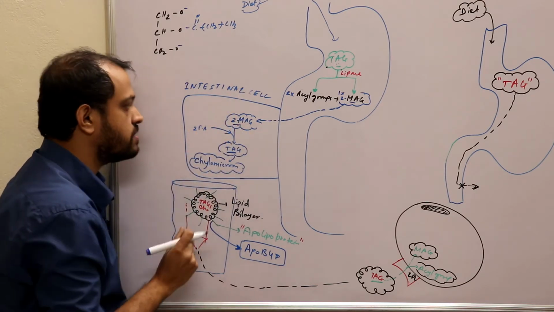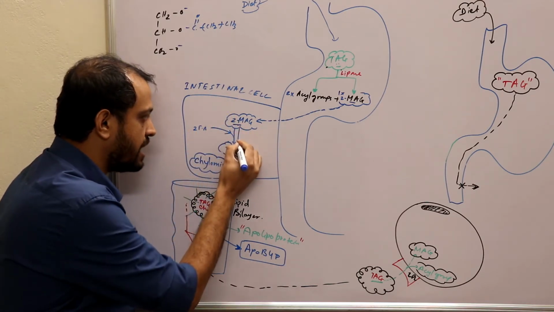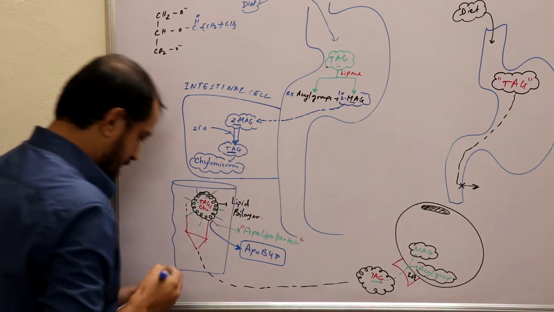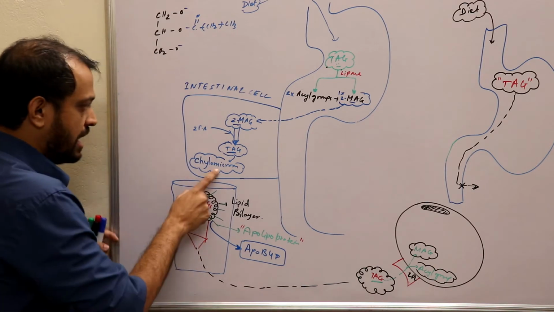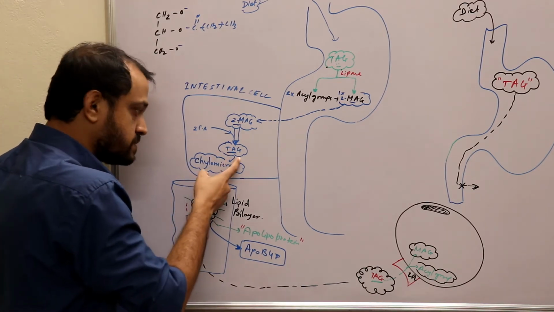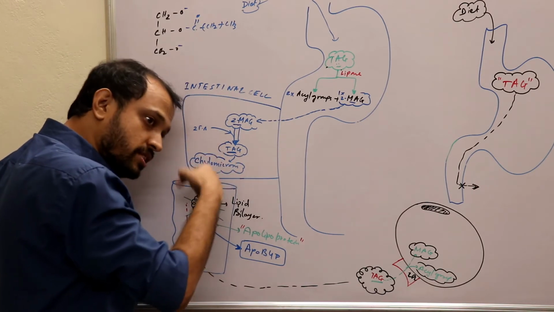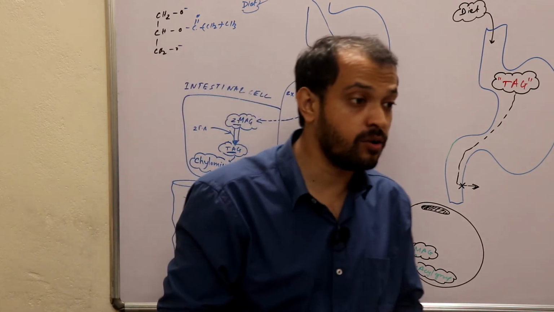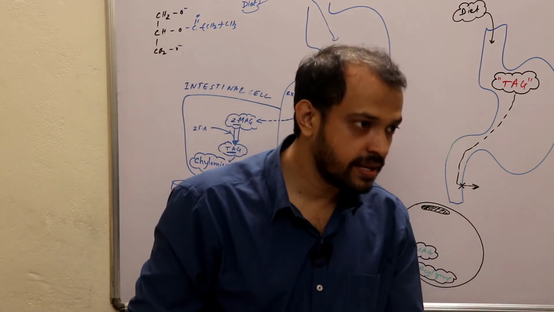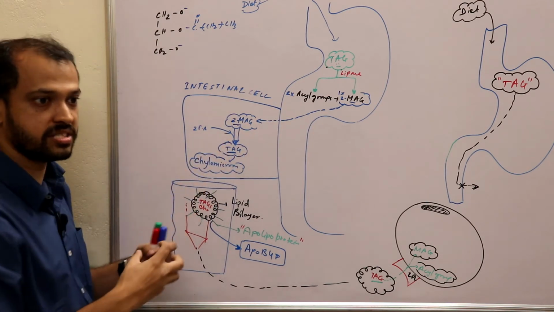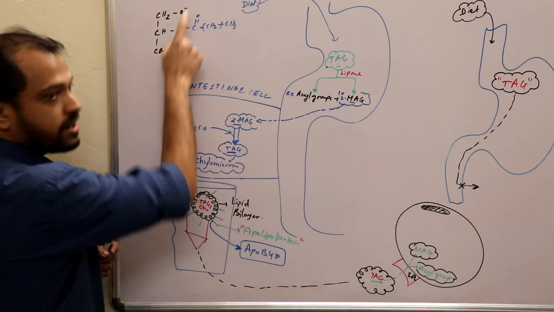But the point you need to understand, why we need to convert MAG into TAG, is this: chylomicrons not only transfer TAGs, they transfer TAGs together with cholesterol, and cholesterol is a non-polar thing. That's why we cannot combine MAG with cholesterol, because they are highly polar.